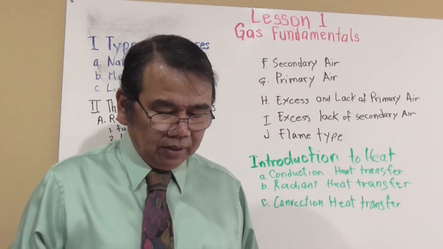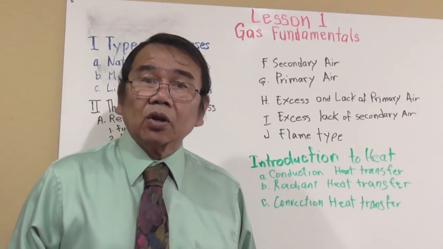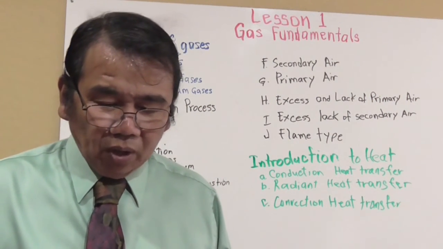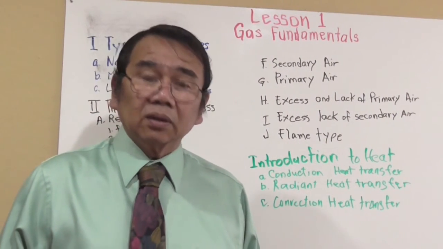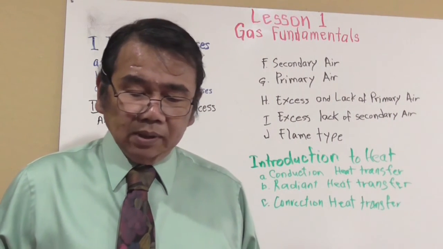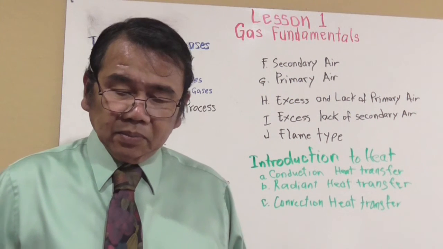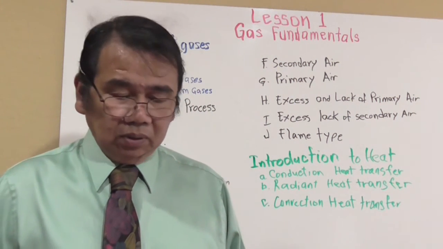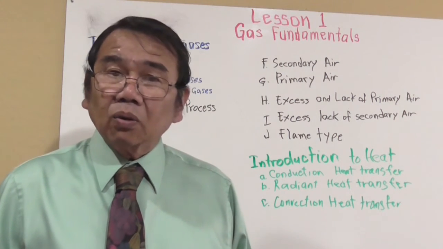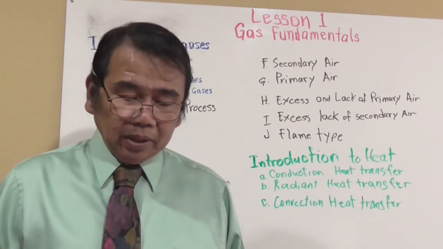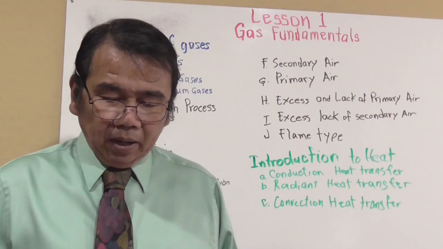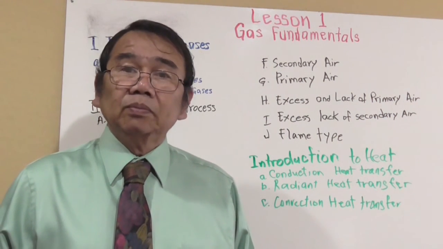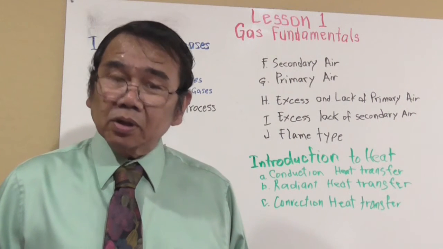Okay? And then you have convection heat transfer. Convection is used to move heat from one location to another. Heat is normally transferred into some substance that is readily movable, such as air or water. Forced convection is when a fan or pump is used to move the heat.